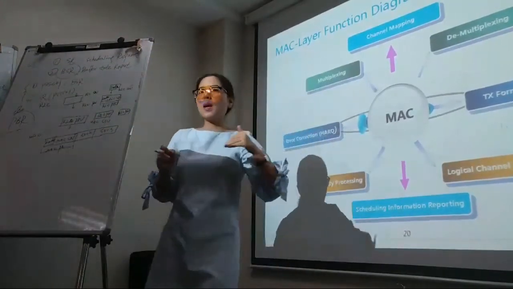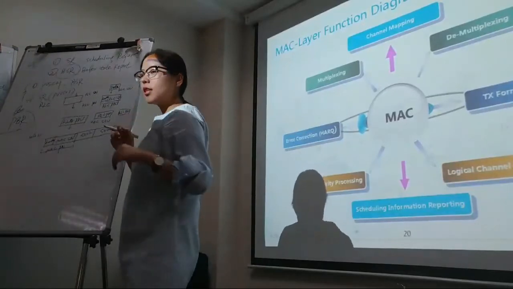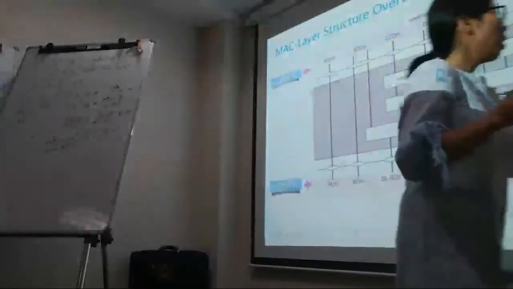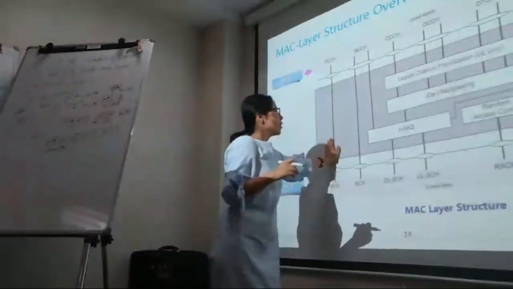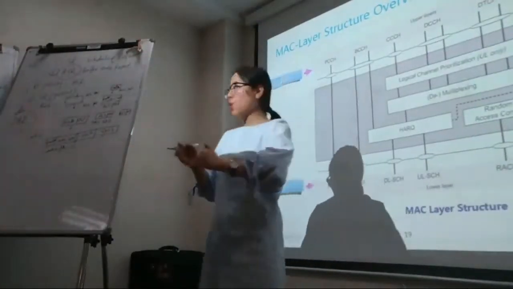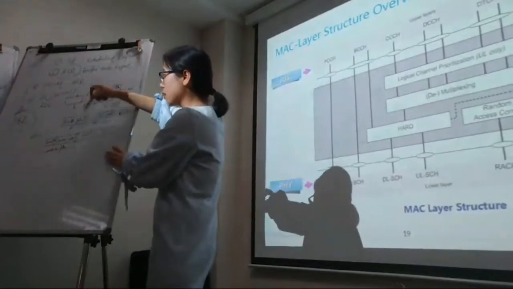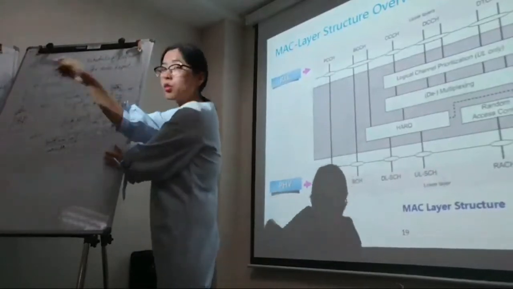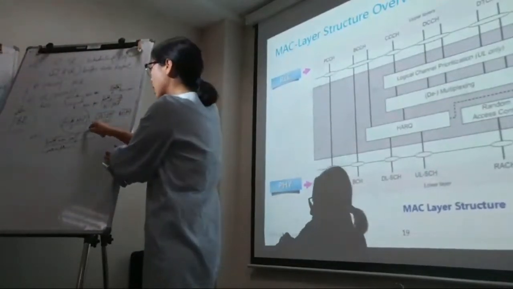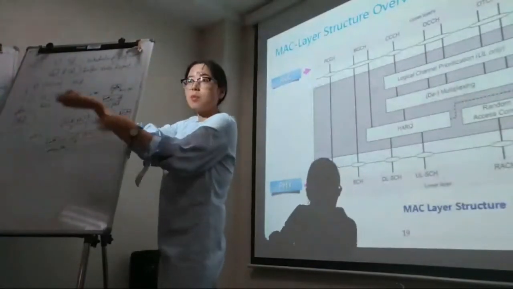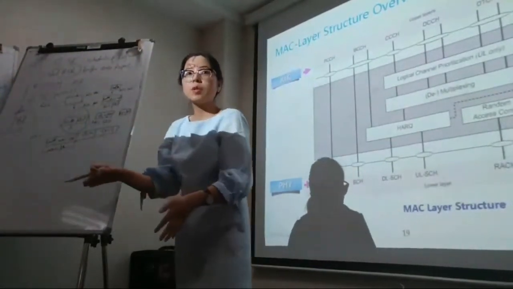So this is multiplexing. But for the different case, just like we see in this picture, for the PCCH and the BCCH, I don't process it, I just locate it in the PDU and transmit directly.